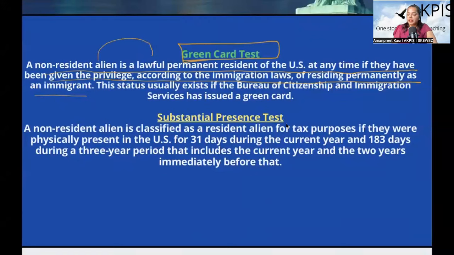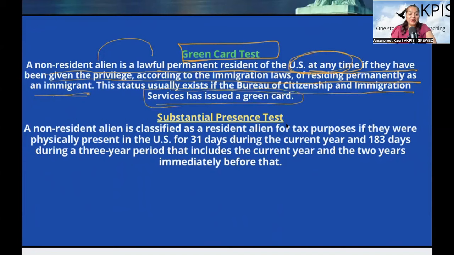But if at any point of time you are a lawful permanent resident of the US, in that particular situation you are referred to as an immigrant of the US, and this status exists if the Bureau of Citizenship and Immigration Services has issued you a green card.